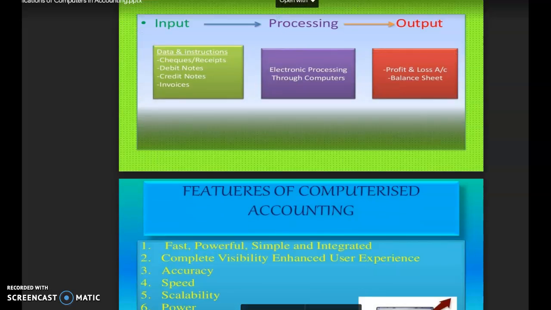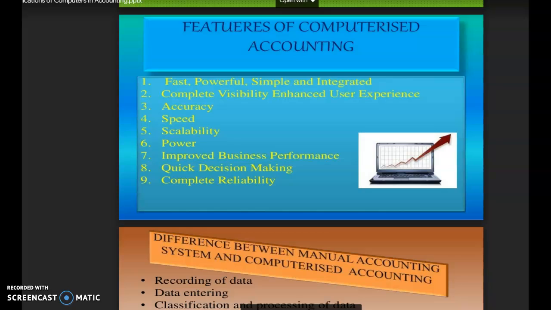Now we will discuss the features of the computerized accounting system. Very simply, it is fast, meaning it is quick. It is powerful, meaning it gives us results very quickly. It is simple and integrated also. Simple means that once you give the basic recording of the transactions, everything is done automatically by the computer.